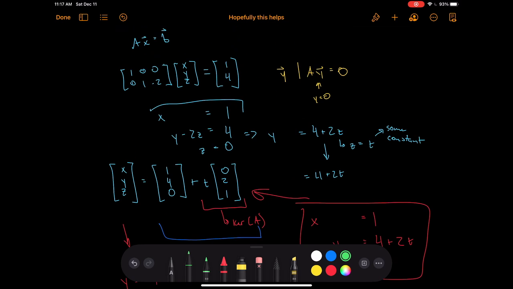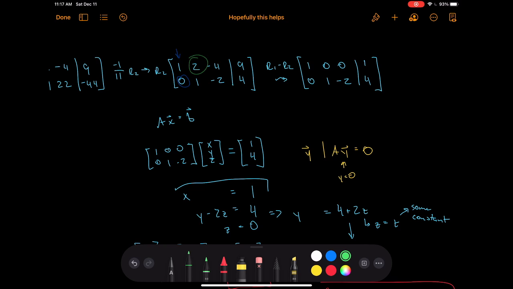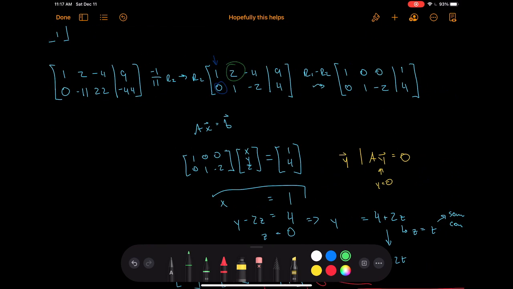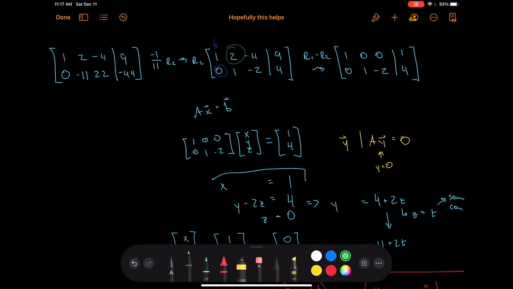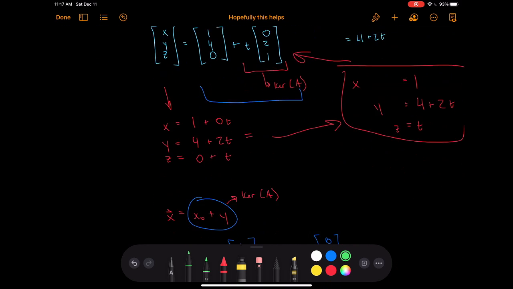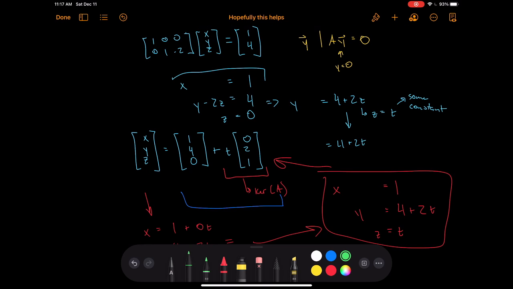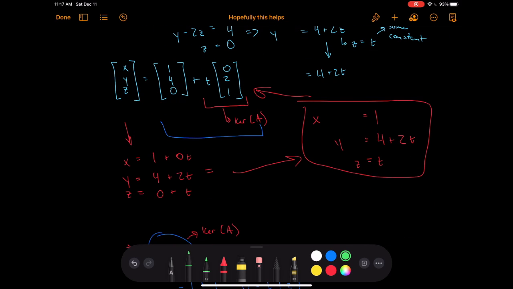Or we could have a case where we have a solution plus a kernel. So that means that we don't get ones across the main diagonal, and this will give us a different type of solution that we have to write in terms of the kernel, which would be x equal to x naught plus the kernel of A.